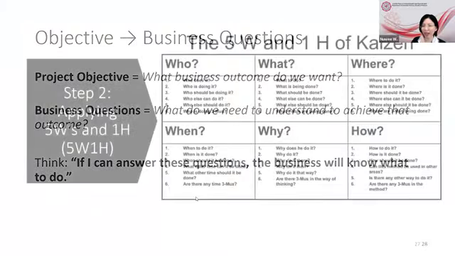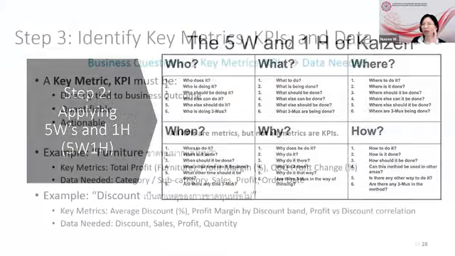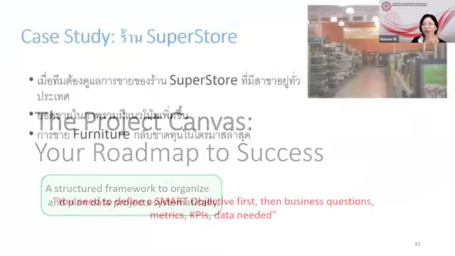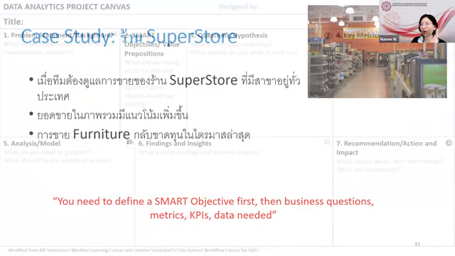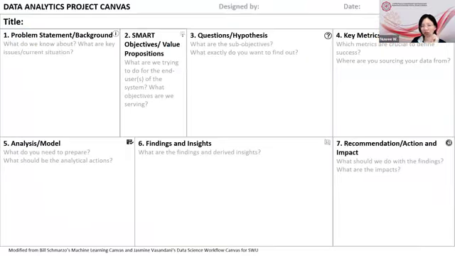Once you get that, you can now fill in the first four parts of the data project canvas. The first one is the problem statement, the background. The second is the objective, so you choose the SMART objective and write it down here. The third is the business question, or you can come up with a hypothesis. A hypothesis is a close-ended question.